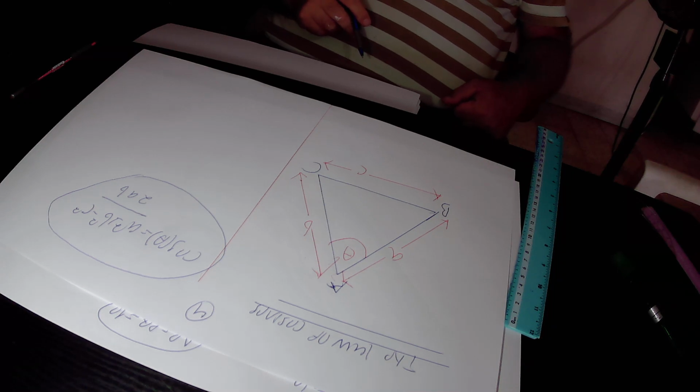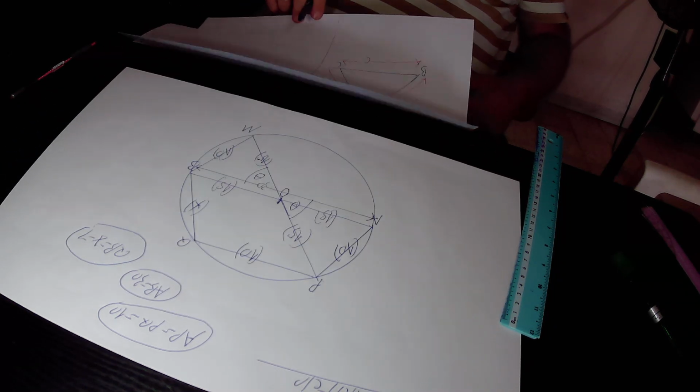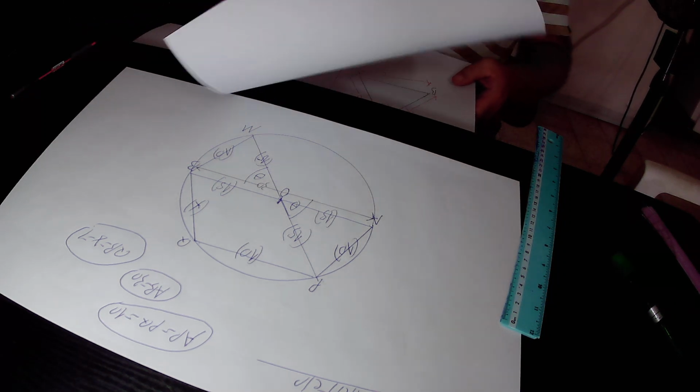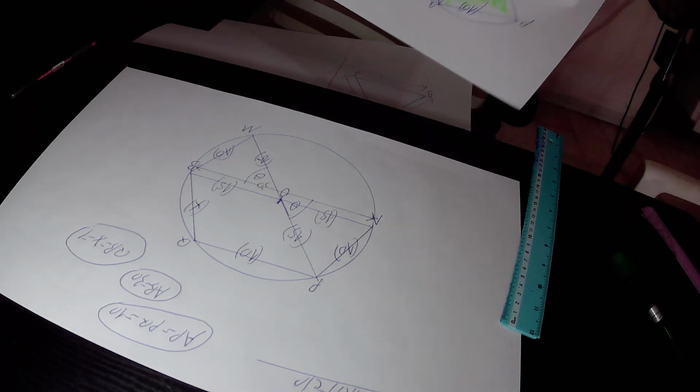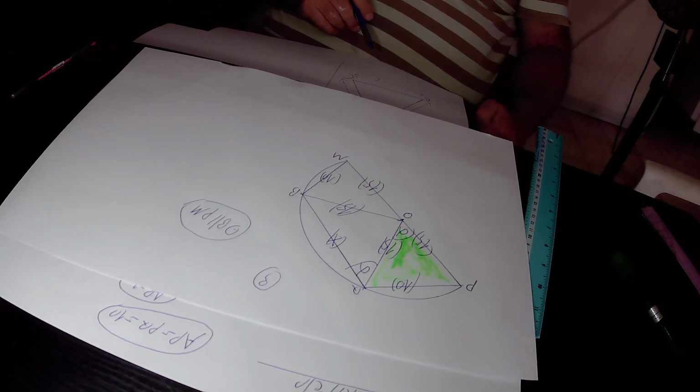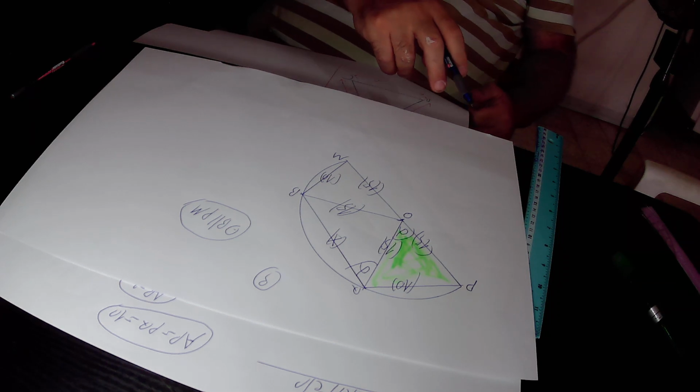So, in the next step, I'll copy the green triangle PQO in the page, and we will implement the law of cosines in this green triangle PQO.